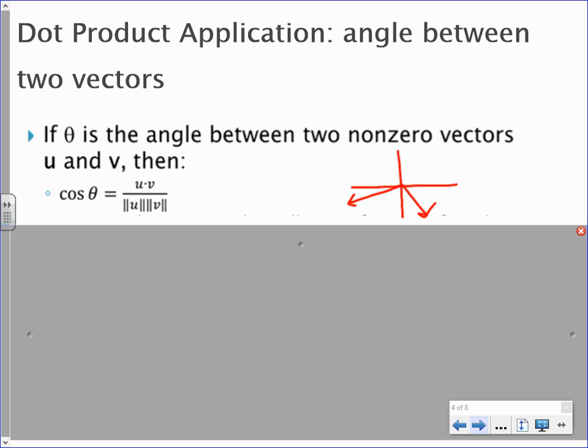But what this formula is going to find is the smallest angle between the two. When we look at that, you probably see two separate angles between the two vectors. It's going to find the smallest one. Your angle will always be between 0 and 180. They're going to be the closest together.